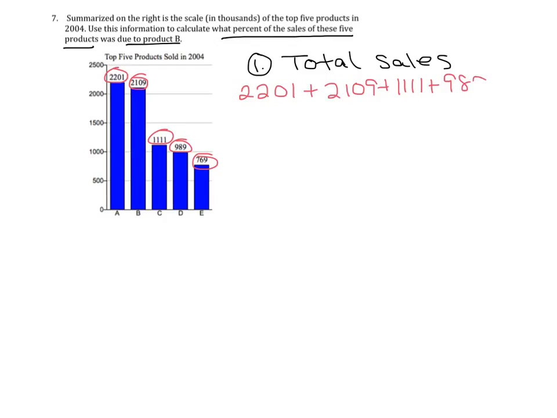We can input this into a calculator, and when we add these together, we should receive an answer of 7,179. So all 5 products together, there were 7,179 products sold.